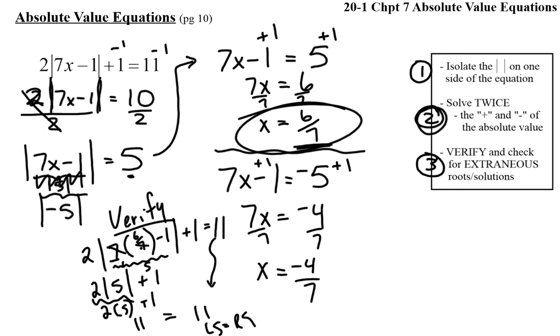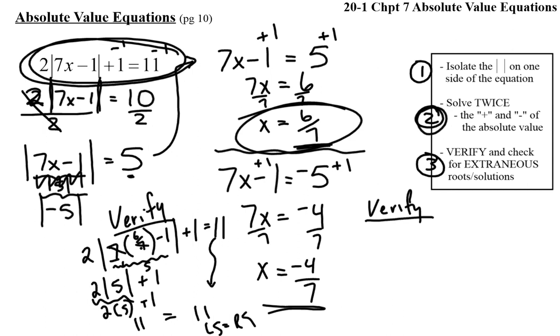Well, we need to verify as well our second possible answer. So verify again, always, like we just did, verifying the original. We're assuming our x works in the original. 2 absolute of 7 times -4/7 minus 1, plus 1 equals 11 is what we're hoping.